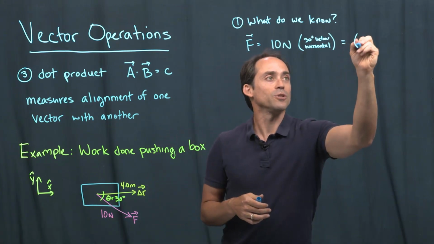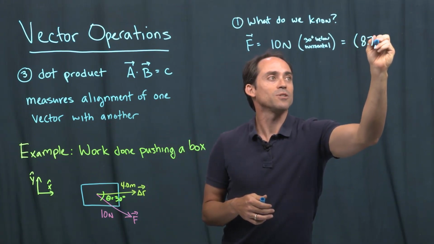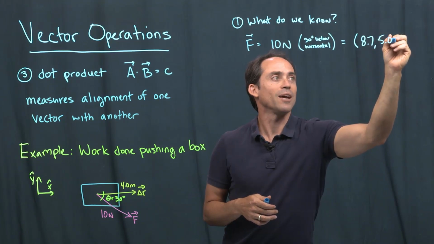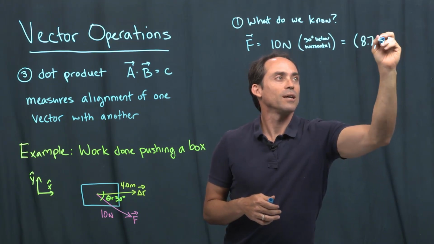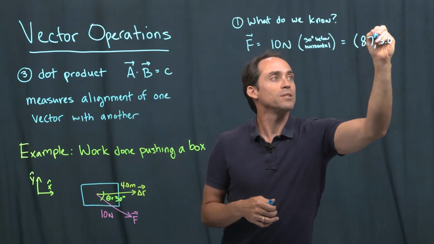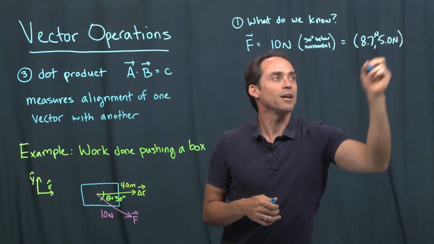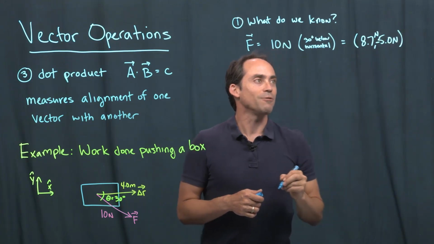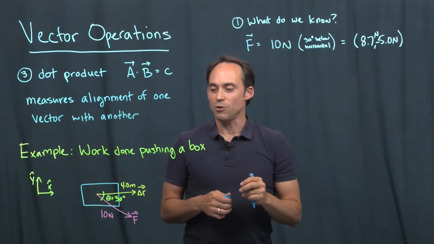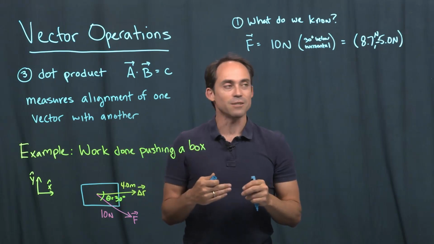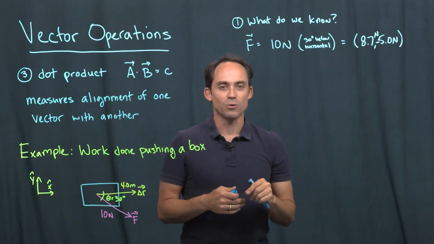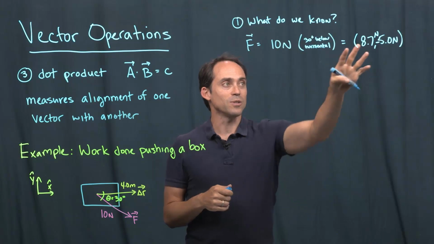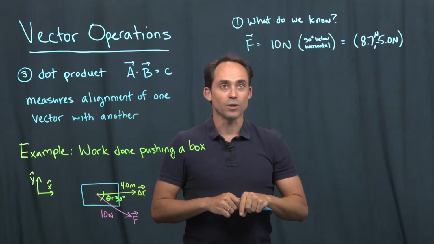I'll leave it as an exercise to figure out why they are written in this way. We'll make sure we stick in our units here because they have to be in there. Of course, this is a minus 5 newtons. So we have 8.7 newtons in the positive x direction, and 5 newtons in the negative y direction. So this is our force vector in its components.